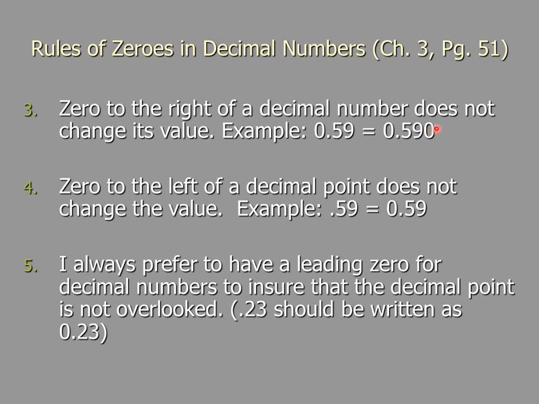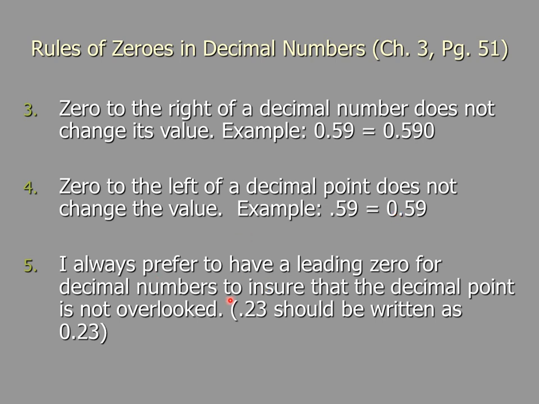A 0 to the left of a decimal point does not change the value either. But in most cases, we use this 0. This is a convention because sometimes people do not look at the decimal point unless you place a 0 and then place a decimal point. But otherwise, these two numbers have the same value, no difference.